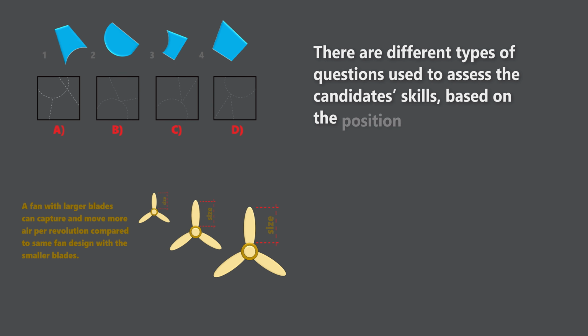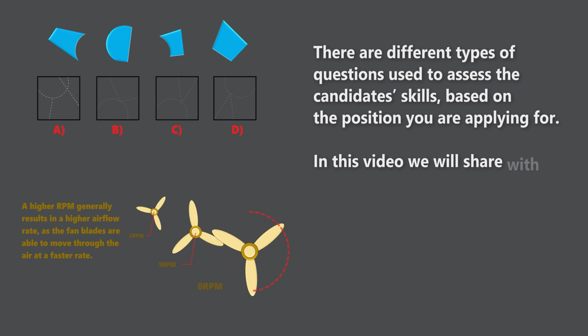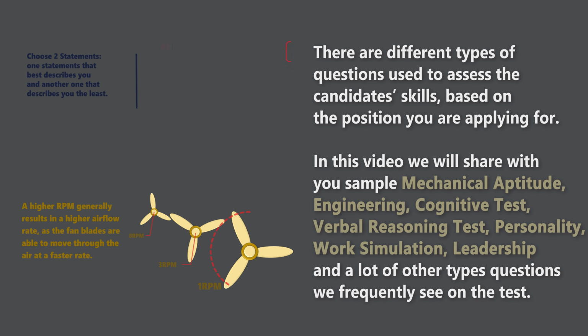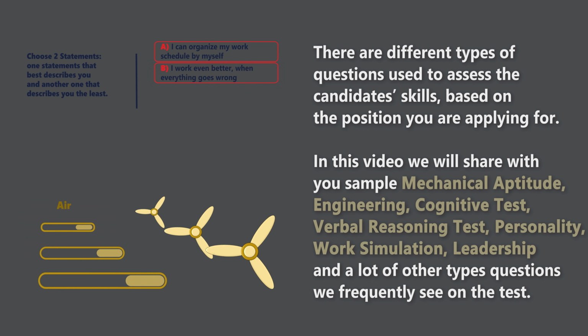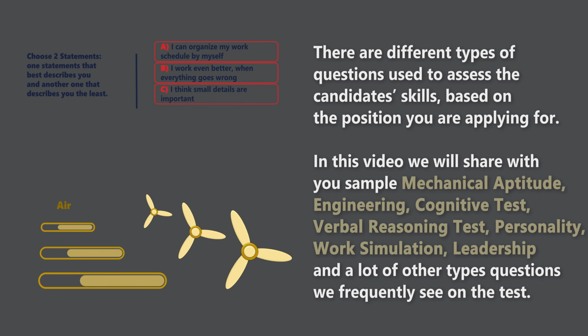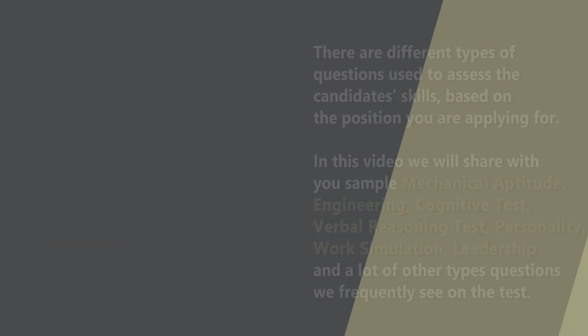There are different types of questions used to assess the candidate's skills based on the position you're applying for. In this video, I'll share with you sample mechanical aptitude test questions, engineering test questions, cognitive abilities test, verbal reasoning, personality, work simulation, leadership, and a lot of other types of questions we frequently see on the test.